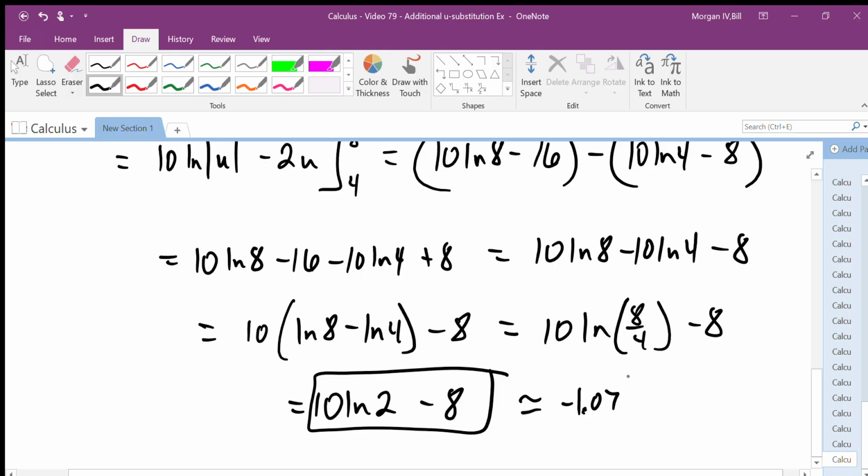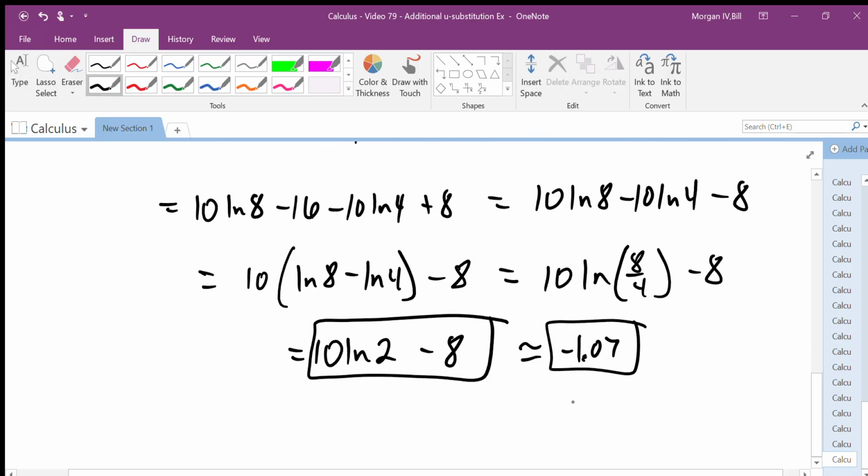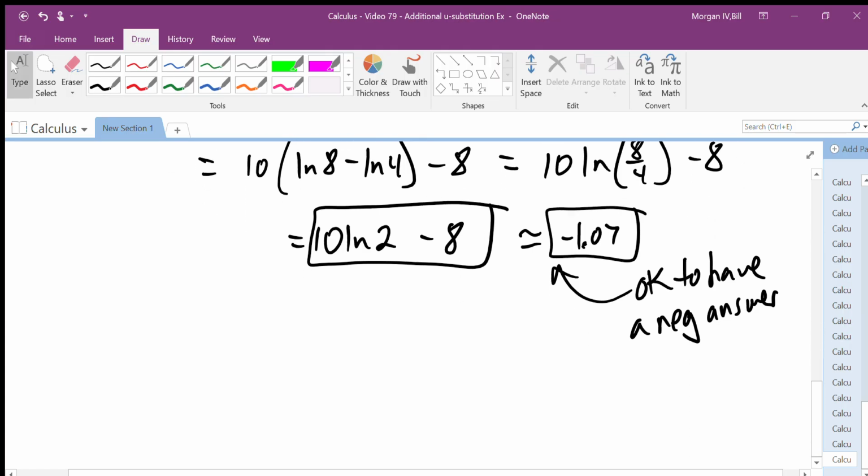And remember, it's okay to have a negative answer when we're looking at the area under the curve. When we're looking at the area under the curve, it's really the signed area under the curve. I actually don't know what this graph looks like.